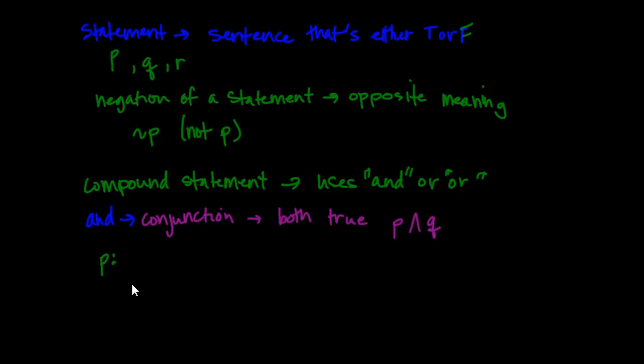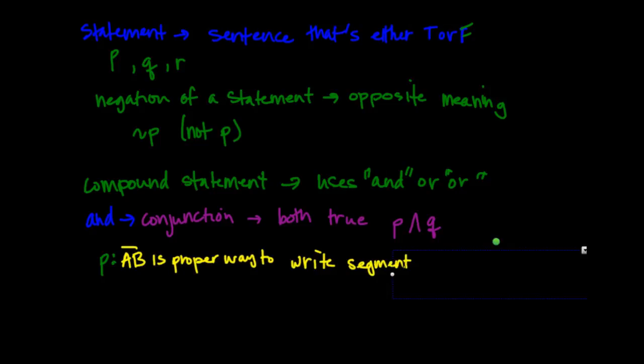All right, so for P, let's say that they say segment AB, this notation, is the proper way to write segment AB. All right, so that's true, right? So that first part is true. Then let's get the second part.